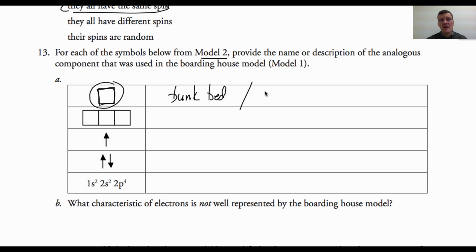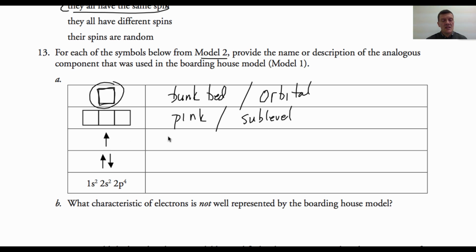So there's a bunk bed. Now we're going to be calling that our orbital. This here, this was your set of pink rooms. Now we know that in our orbital diagram this is a sublevel. Okay? All those pink rooms are at the same level. That's an illustration or an example of a sublevel.